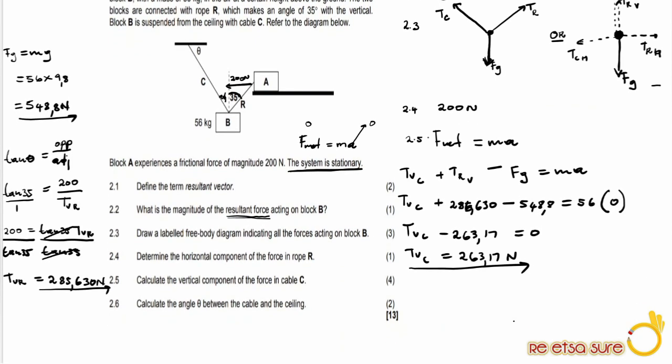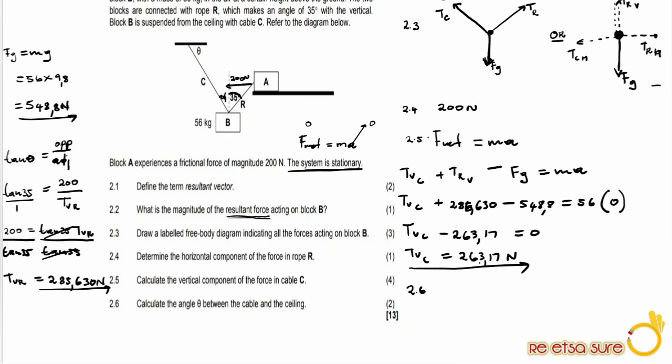And then now I go to the last question, which is 2.6. Calculate the angle between the cable and the ceiling. So now we managed to get the vertical component of this triangle, which is 263,17.